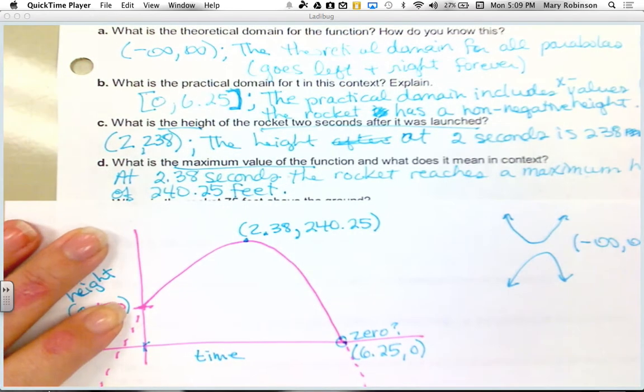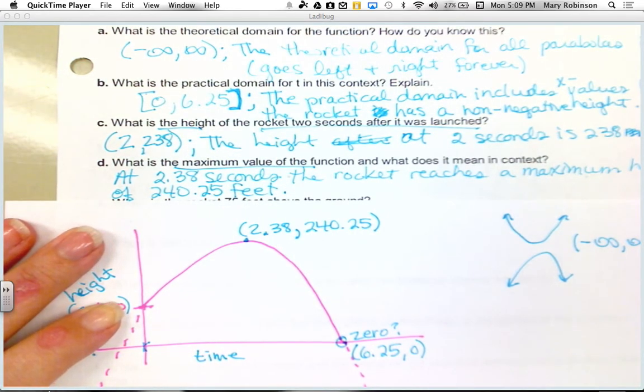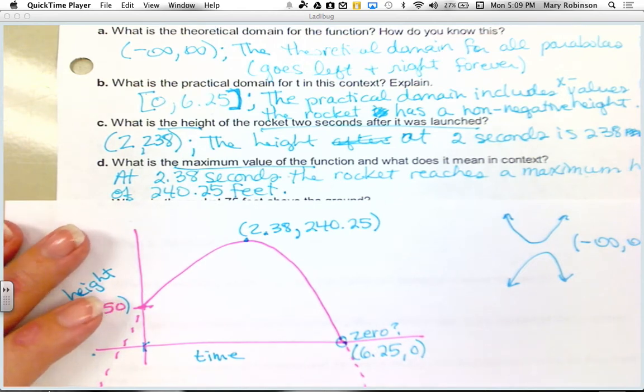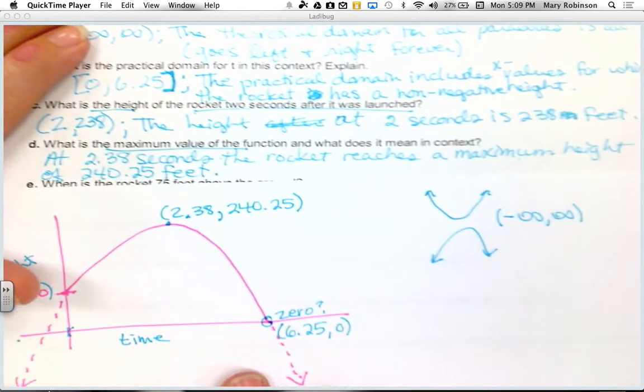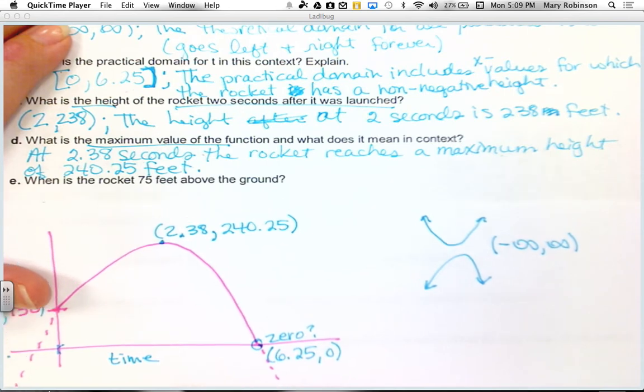Or you could say the maximum height is 240.25 feet at 2.38 seconds. Something of that nature, but it should pretty much have the same intent.